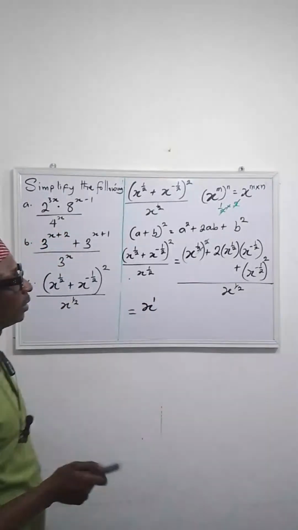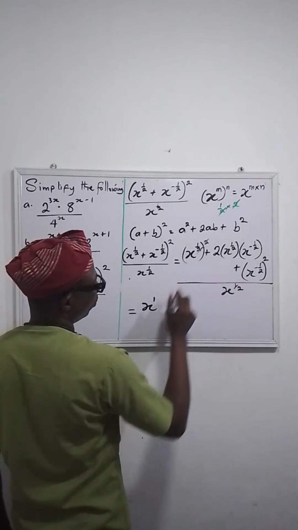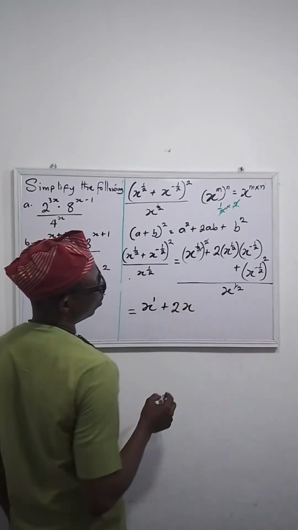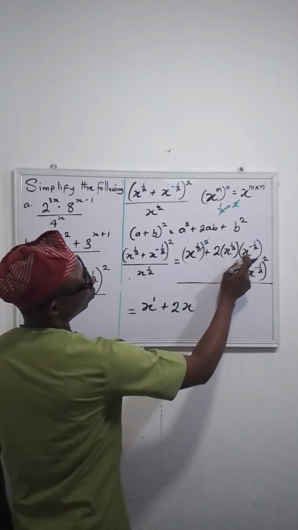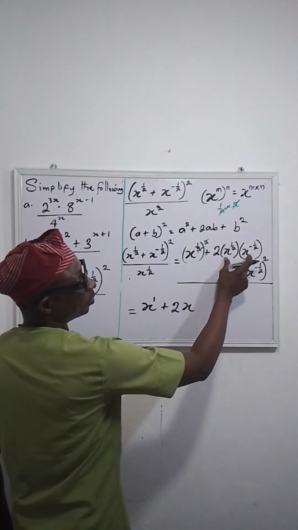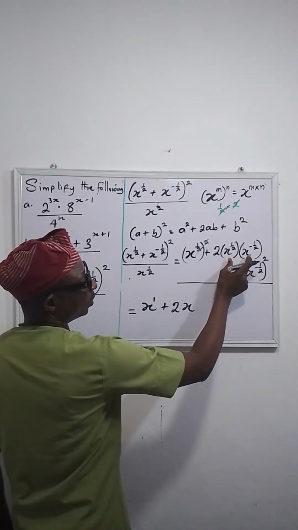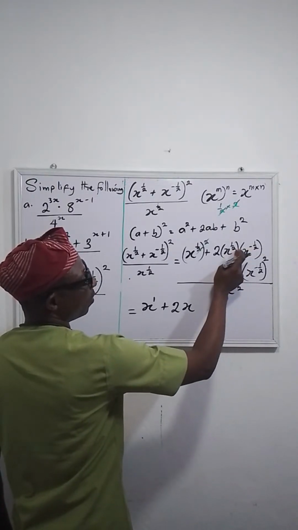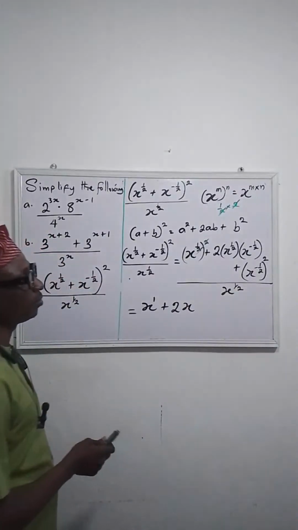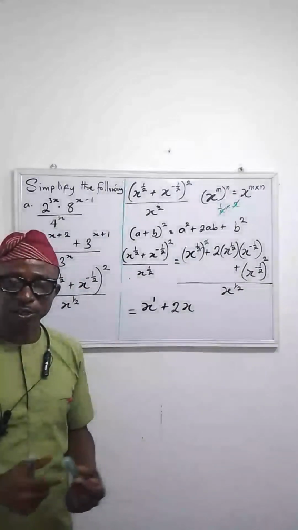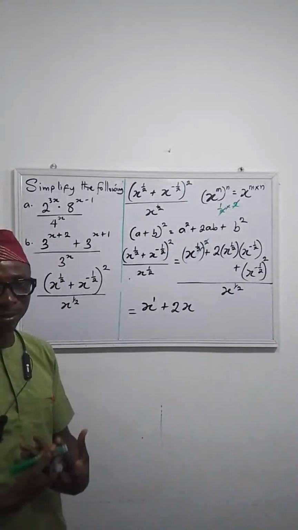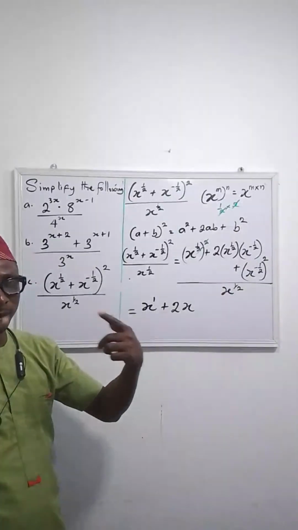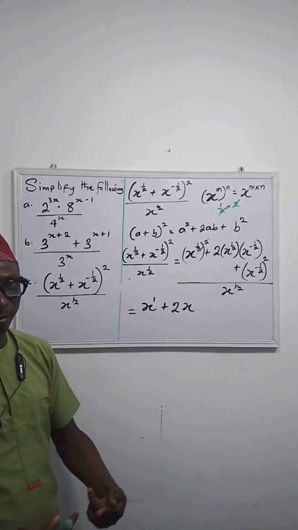Now the next one is plus 2 x raised to the power of, now we have two entities multiplying each other with the same base. So what we are supposed to do is to add the powers together. All right, don't forget the law of multiplication. Whenever you are multiplying two indicial expressions together, you add the powers, provided they have the same base.